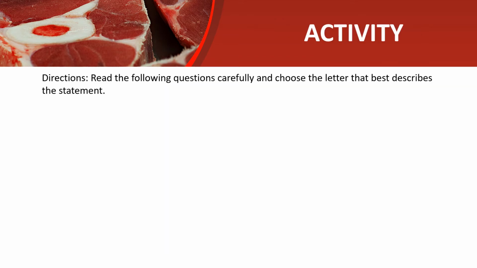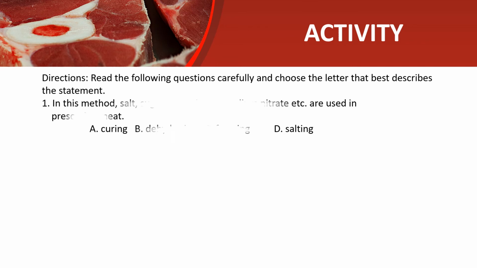Moving on to our lesson, let's have a short activity. Directions: read the following questions carefully and choose the letter that best describes the statement. Question number 1. In this method, salt, sugar, potassium, or sodium nitrate are used in preserving meat.